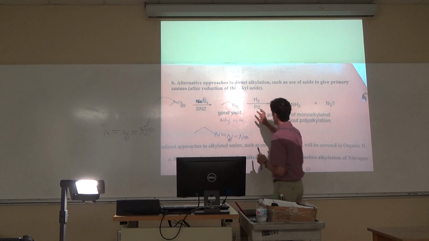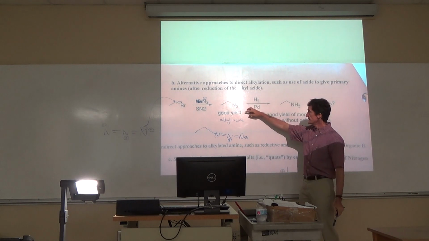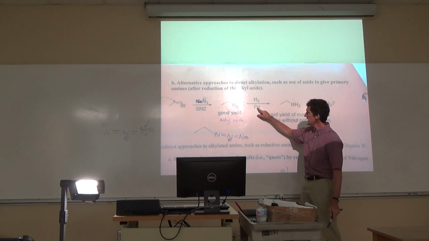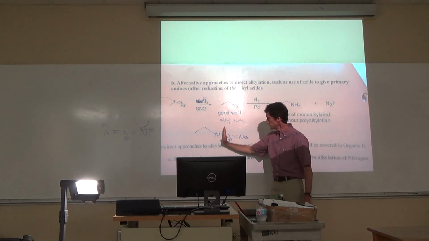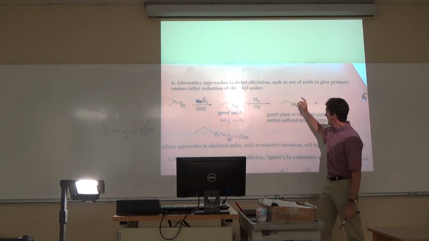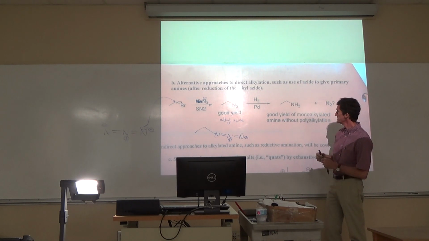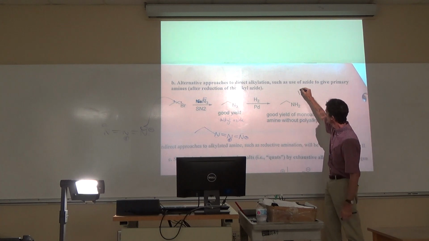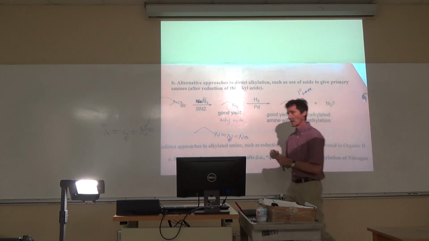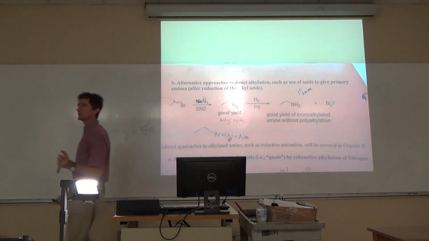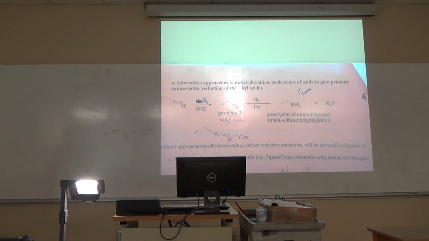At this point, a reaction you can do is react this with hydrogen and a platinum or a precious metal catalyst. It will cleave off 2 of the nitrogens, put 2 H's on the 1 nitrogen remaining, and you get the primary amine. Okay? Ammonia would be a direct alkylation, putting 1 alkyl group on ammonia.